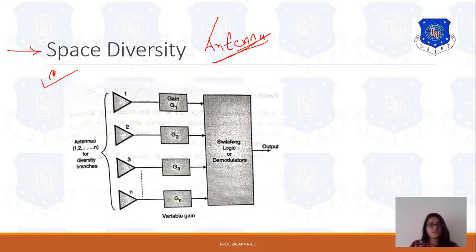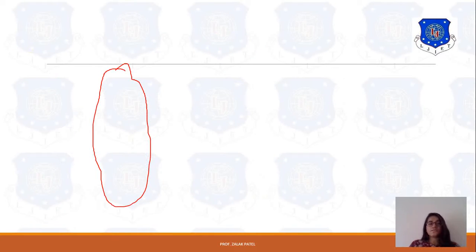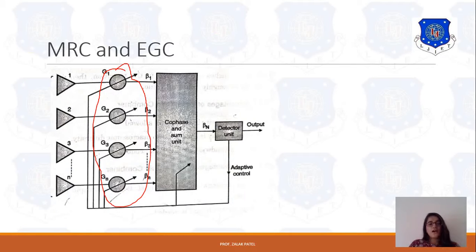If you see the last diagram, there is no feedback present in the common space diversity block diagram, but in the case of MRC, it provides feedback from the detector unit, and according to that feedback, if you note this arrow in the diagram, these factors will be changed. So each time, if the error created is more, then in the next time interval it will be reduced by changing this weighting factor.